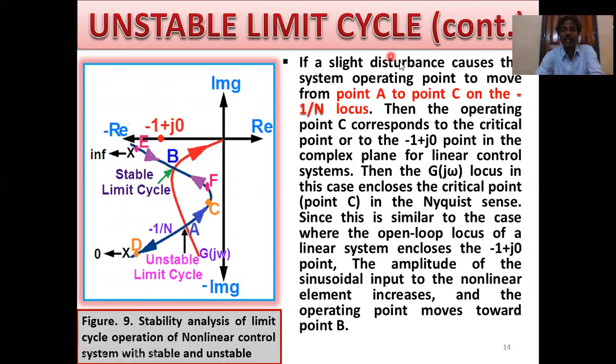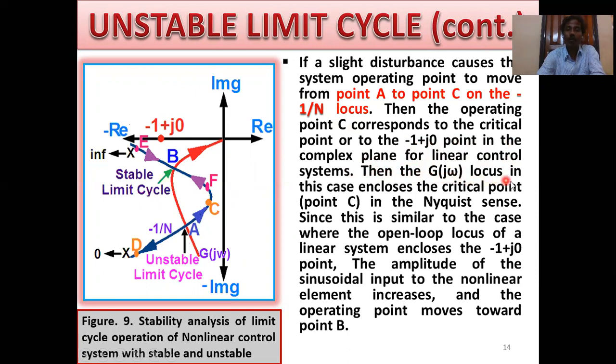if a slight disturbance causes the system operating point to move from point A to point C on the -1/N locus, then the operating point C corresponds to the critical point, the -1 + j0 point in the complex plane for linear control systems.